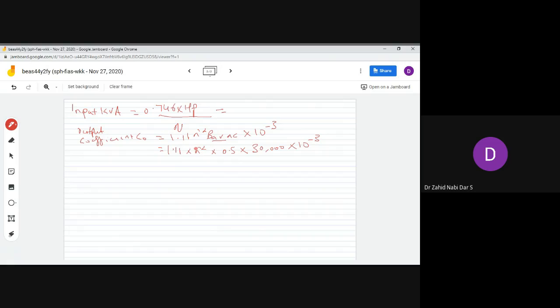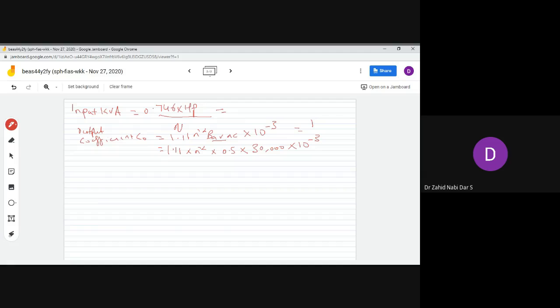Calculate this value and let me know your input kVA. What would be the expression for the input kVA? This time you have to solve this. I have solved so many problems for you, so by this time you should be able to do it. Tell me what value you are getting for output coefficient.